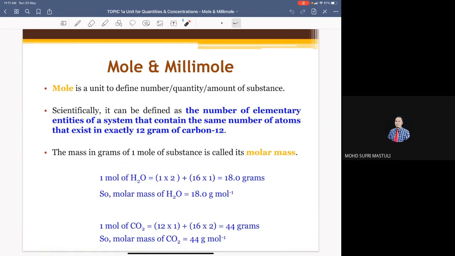Therefore, the molar mass of H2O is 18 gram per mole.